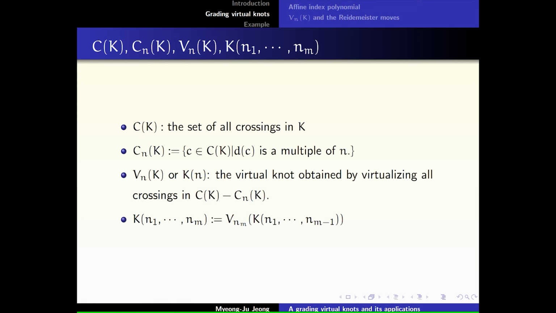And inductively, we will define K of n1 through nm as V sub nm of K of n1 through n(m-1). In this way, for each natural number n, we can consider V sub n of K, and for integers n1 through nm, we can also get virtual knots defined in this way.